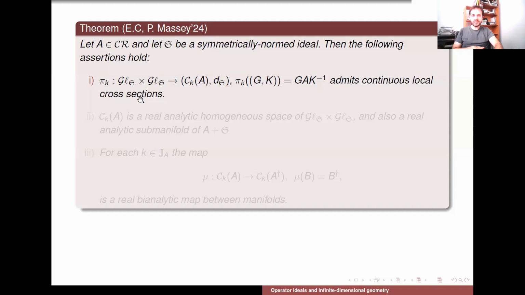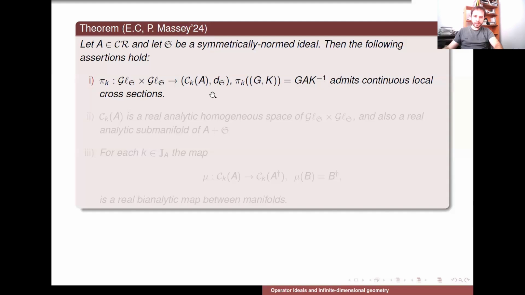Recall that these sets Ck of A are defined in terms of the index of a pair of projections. These sets are orbits. So for each k, this map induced by the action, we prove that this map admits a continuous local cross-section.